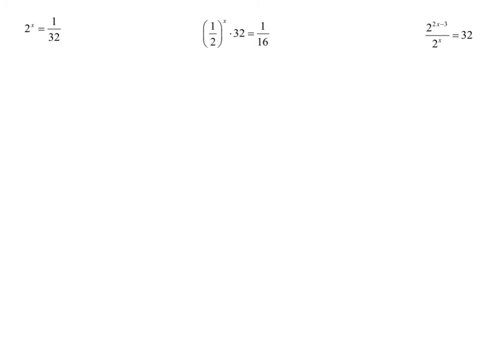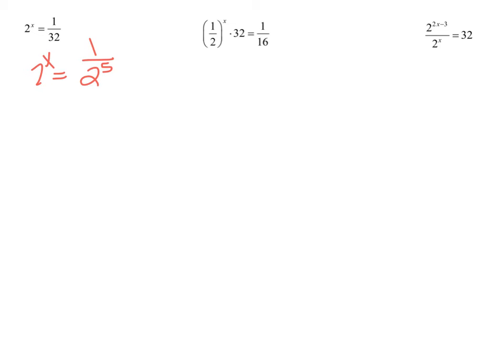Alright, so we have 2 to the x and 1 over 32. Well, I'm going to start out by rewriting my left side, and then my right side. So 1 over 32. Well, it's going to be 1 over 2 to the what? 2, 4, 8, 16, 32. 2 to the 5th.